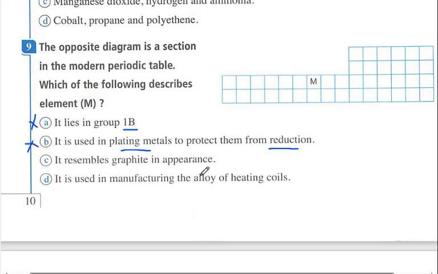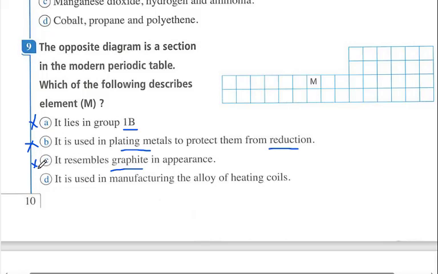It resembles graphite in appearance. Nickel has a shiny appearance. Graphite is black and has no metallic luster. Graphite is carbon, and carbon is a non-metal.